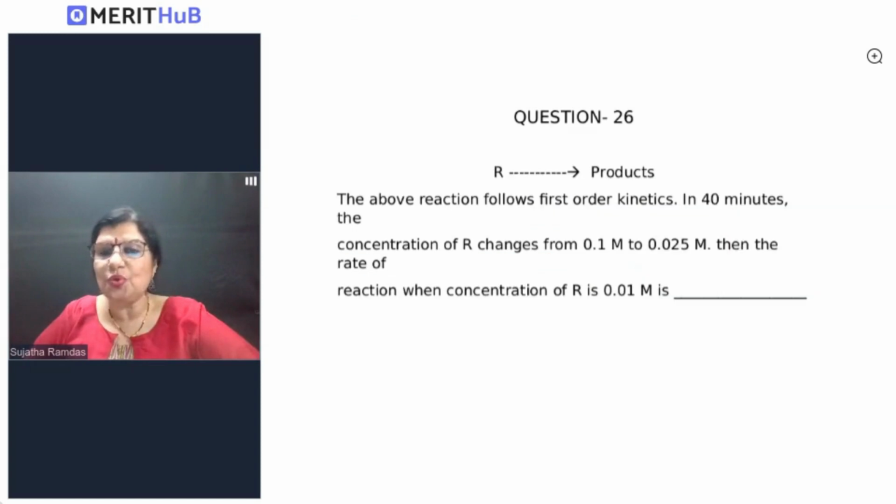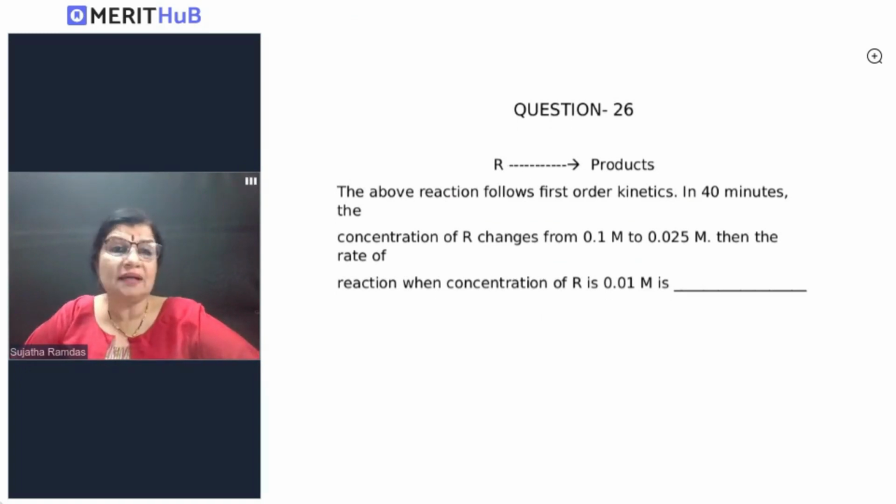Now let's move on to question number 26. Simple question. We have a hypothetical equation here, R, a reactant, giving you products. The above reaction follows first order kinetics. So it's a first order reaction. Overall reaction is first order.